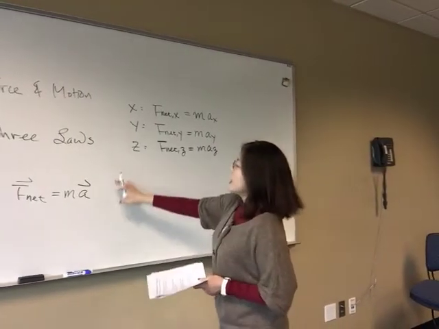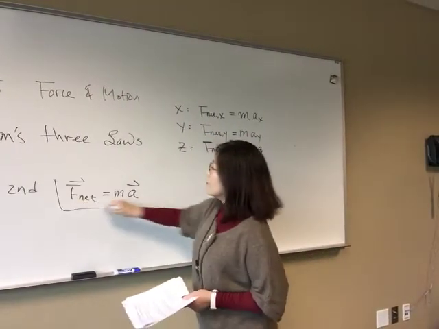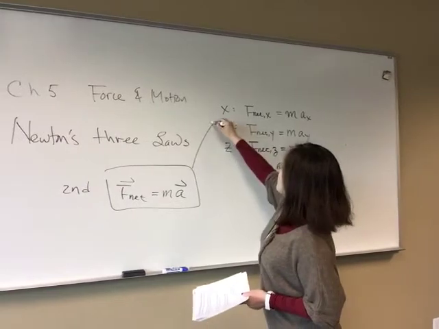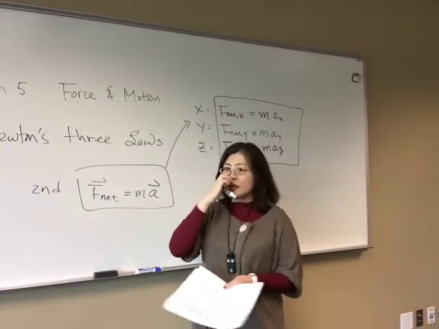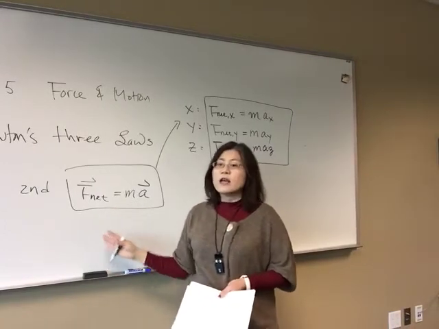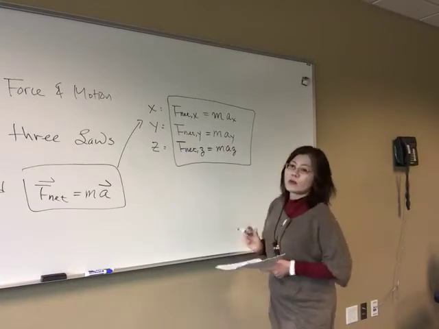So this equation in vector form can expand to three equations, and you have to find out the x, y, z components of the force and apply them to this equation, and then you can figure out what the acceleration is.